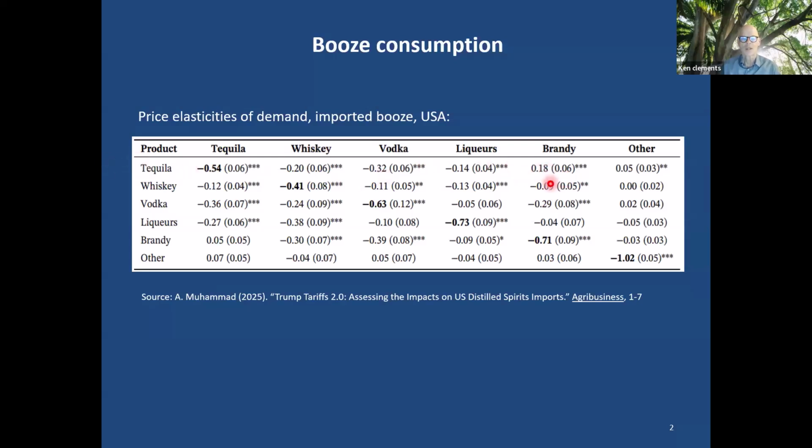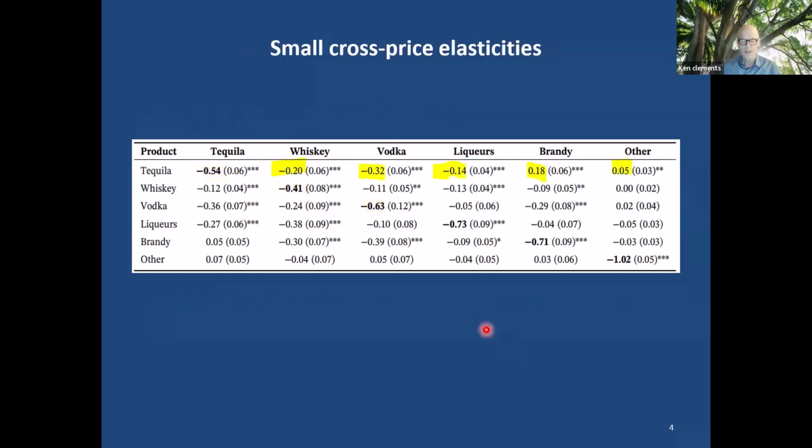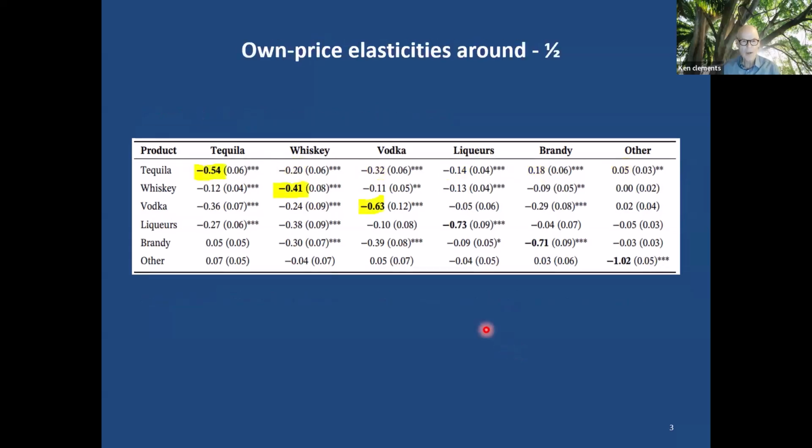So they're substitutes. Now we see here a lot of numbers before us. We see 36 numbers and 36 standard errors. So it's appropriate to simplify this matrix as follows. First of all, let's look at the own price elasticities of demand.